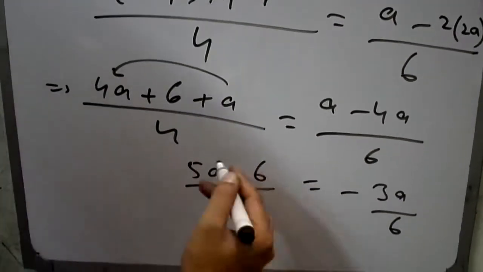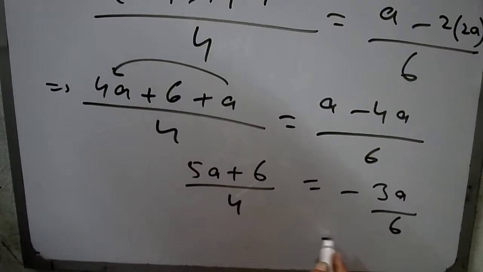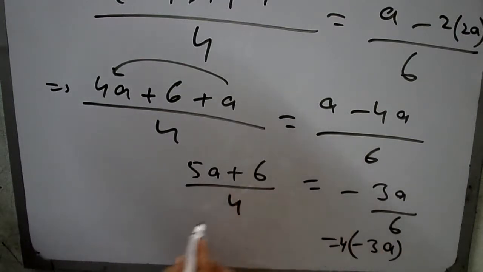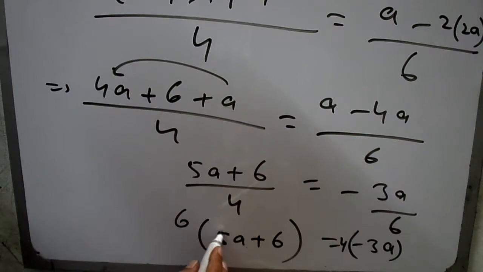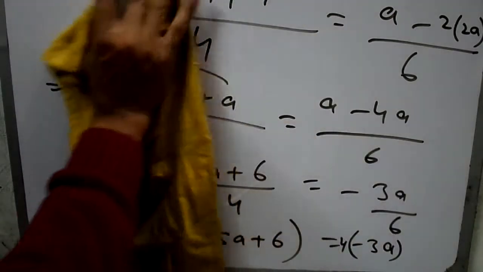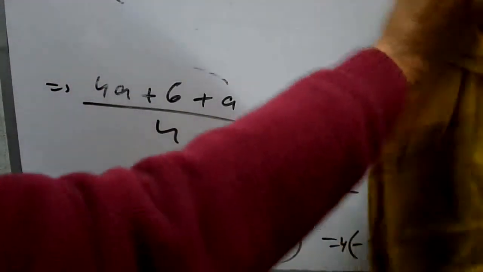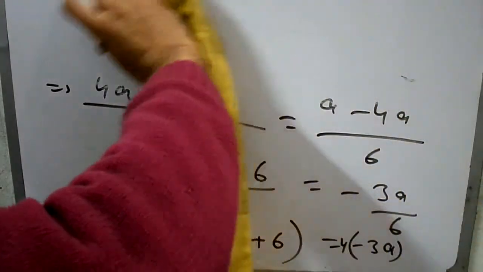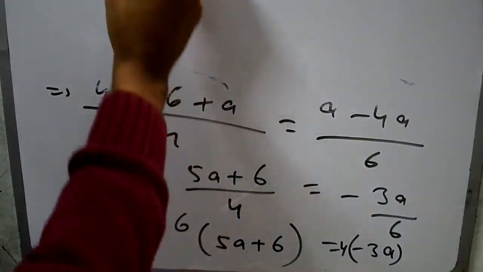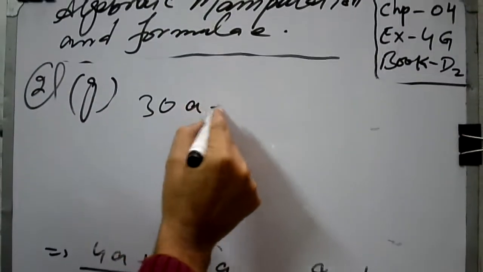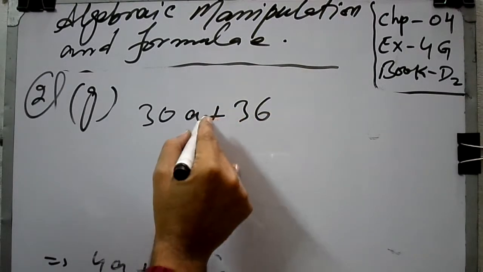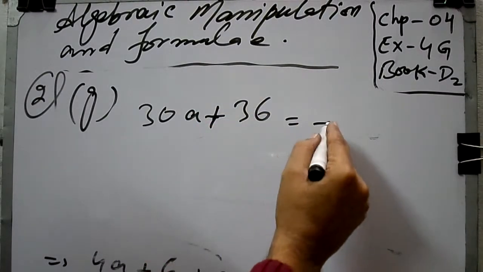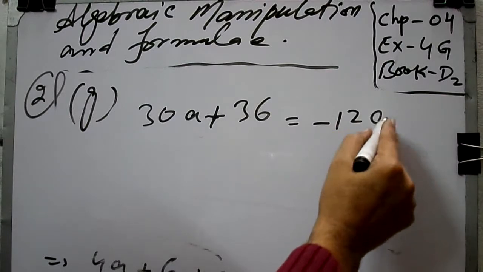Now by using cross multiplication you can see here minus 3 multiplied by 4 and 6 multiplied by (5a plus 6). So after multiplication you can see here that is 5 6s are 30a, 36 is equal to minus 12.